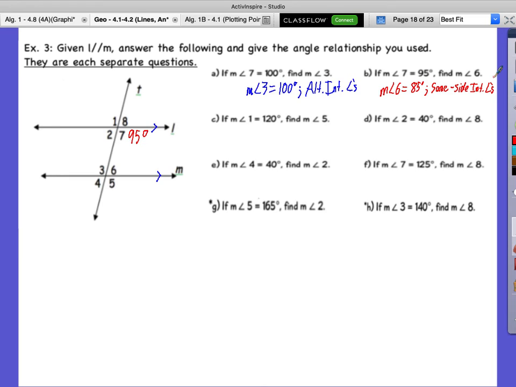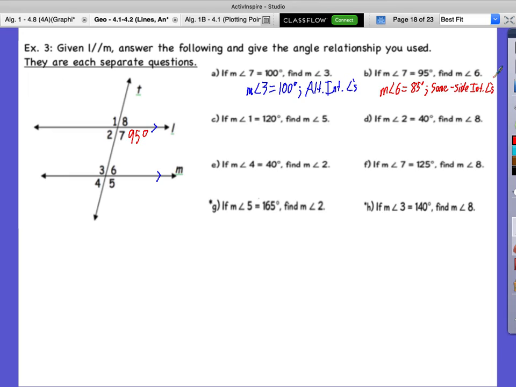Alternate exterior. They're both interior.